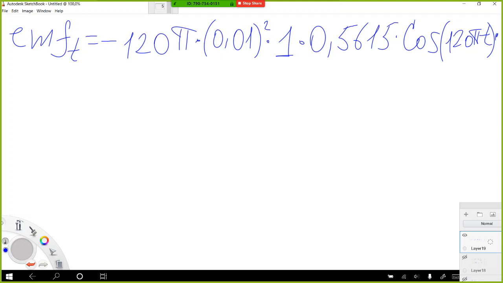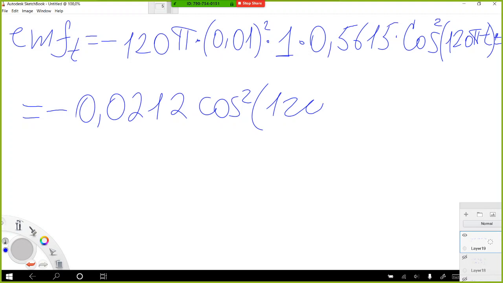We can write here cosine squared 120πt, and this electromotive force due to the transformer action will be, if we compute all this, minus 0.0212 cosine squared 120πt.